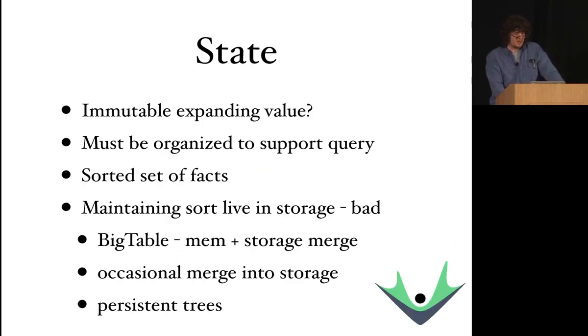So the first problem we encounter in trying to represent this is how do we represent this immutable expanding value? What's the data structure for an immutable expanding value? It's tricky, right? The first thing is it has to be organized, right? I think a database, why is a file system not a database? Or is it a database?